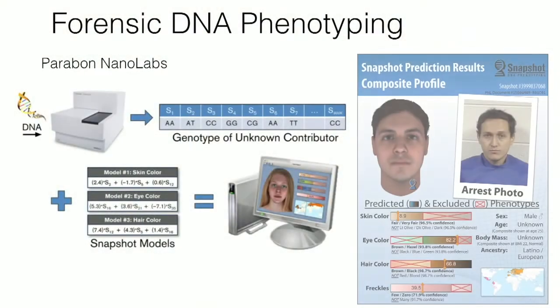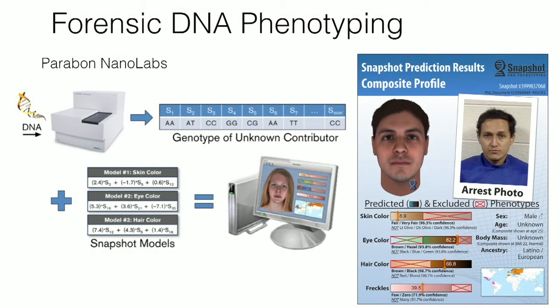And then they come up with a prediction. So this is, for example, a snapshot. They call this the snapshot profile. You can pay somewhere in the neighborhood of $3,000 to $5,000 to have a snapshot profile crafted, depending on the condition of the DNA that is left behind to work with.